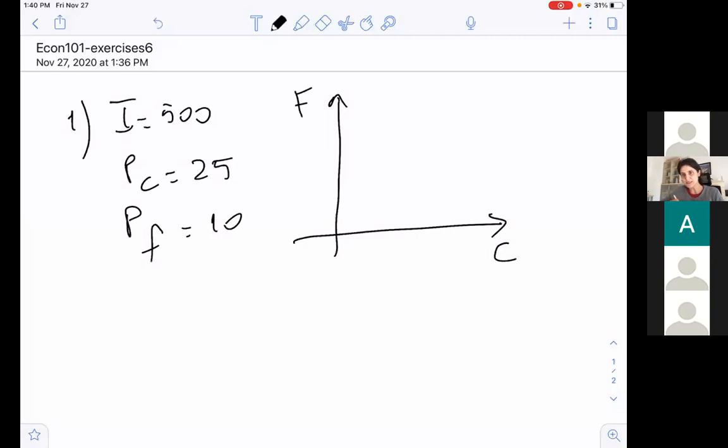You're gonna ask, if Jane spends all of her money on clothing, how much clothing can she buy? This is 500 divided by 25. If she spends all of her money on food, how much food can she buy? 500 divided by 10. So this is 50. Okay. And then you're going to have something like this.